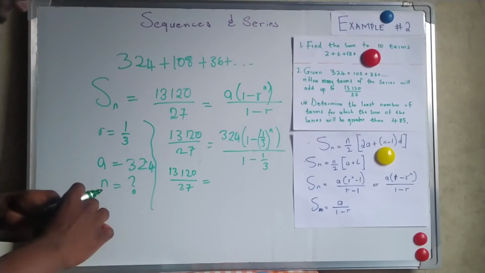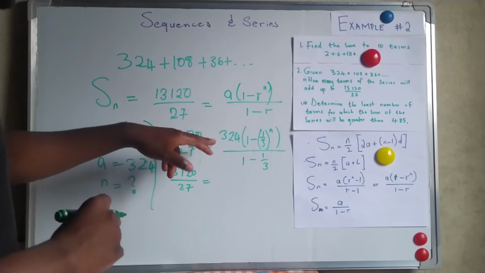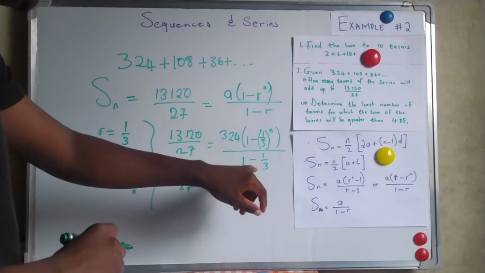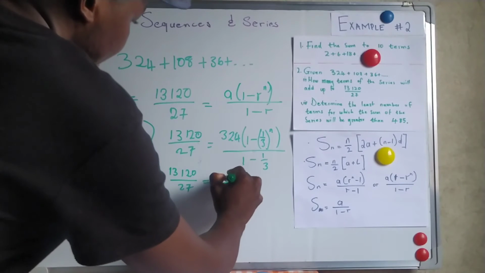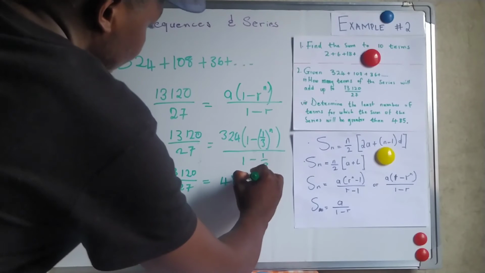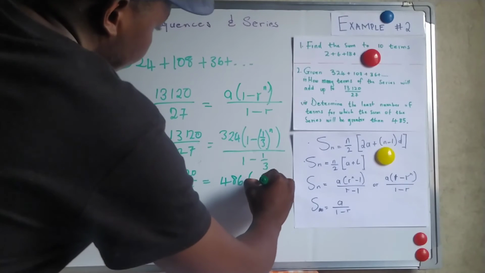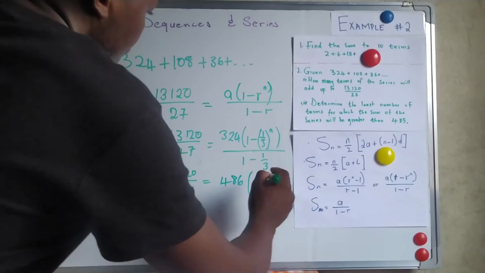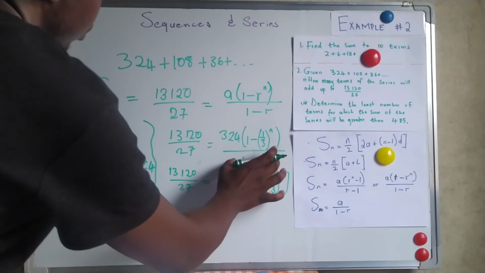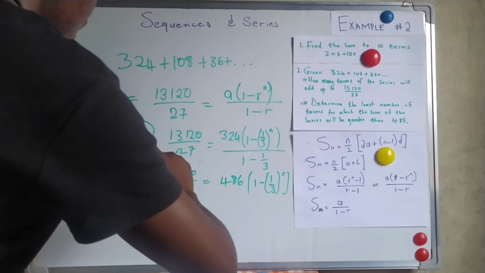I would say 324 divided by 1 minus 1 over 3, which would give me 486 multiplied by 1 minus 1 over 3 to the exponent n. So what this simply did was take out this bracket.